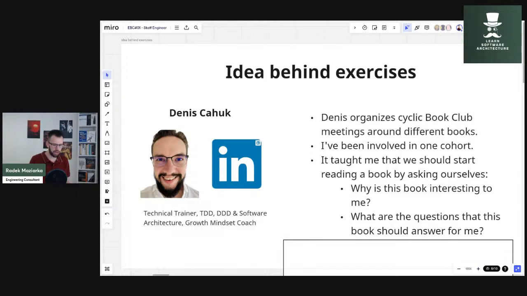I'm not starting this book just because I have free time, because usually we don't have so much free time to spare on reading valuable books, but I usually have a few questions that are important right now for me. And this book should answer these questions. If we start with these questions, we can read much faster, and we can get much more value from the book, because we will try to answer these specific questions.